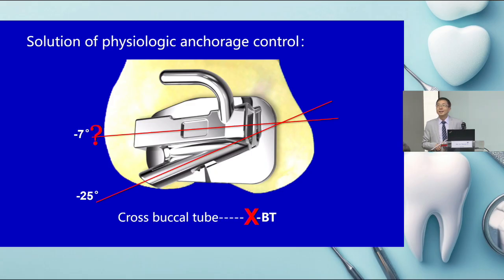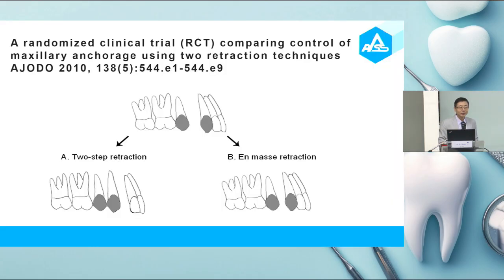Why minus 7-degree? Orthodontists think the main tube should be 0-degree. Why do we use minus 7-degree? That's because we did a prospective randomized clinical study 20 years ago. When I came back from the US to China, 3M Unitek wanted me to promote their MBT appliance in China.